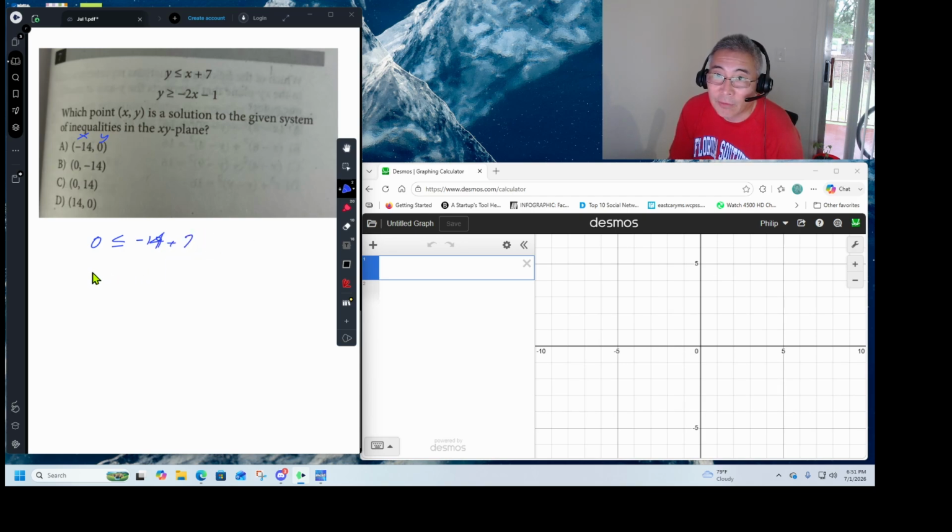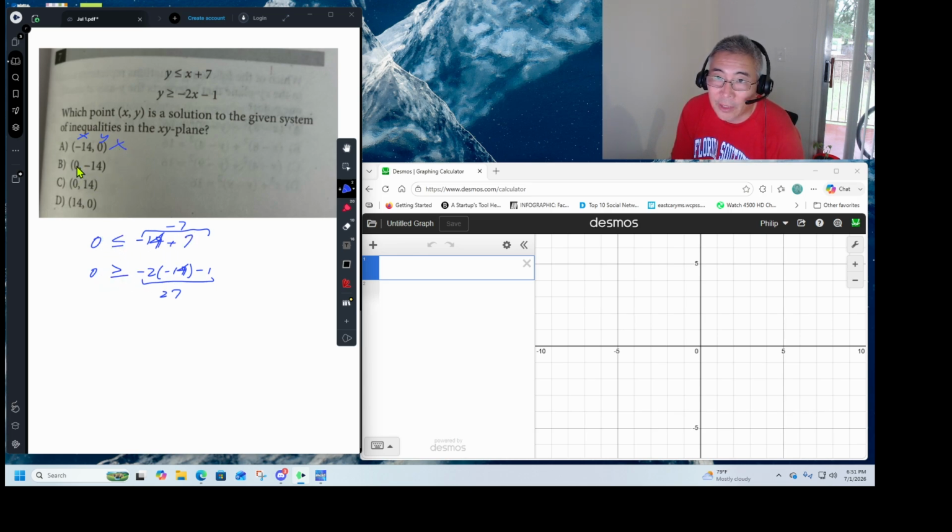And then I would have 0 greater than or equal to negative 2 times negative 14 minus 1. This one would be negative 7, and this one would be positive 28 minus 1, so it would be 27. So 0 is less than or equal to negative 7, not true. 0 is greater, so this is not true. So this is wrong, right?